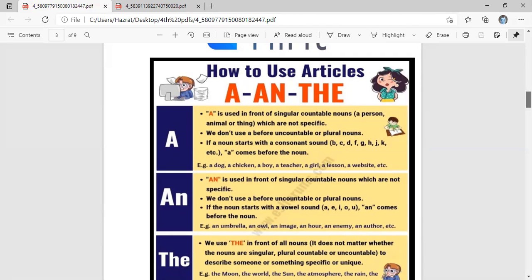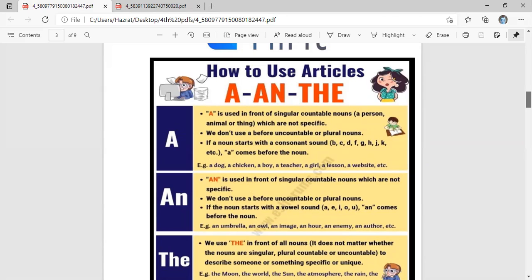We don't use it before an uncountable or plural noun. We cannot use a with an uncountable noun. The word uncountable noun means that we cannot count. For example, water, sugar, gold. They are uncountable nouns. And plural nouns, as you can see, boys, girls, teachers, students, all these are plural nouns.